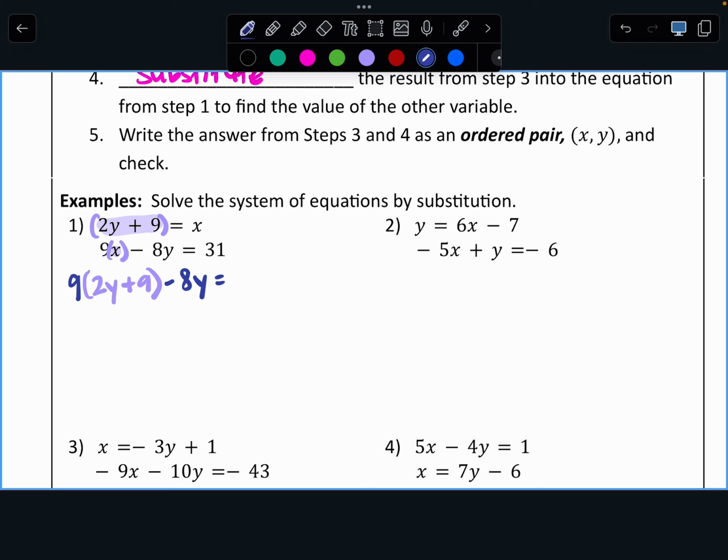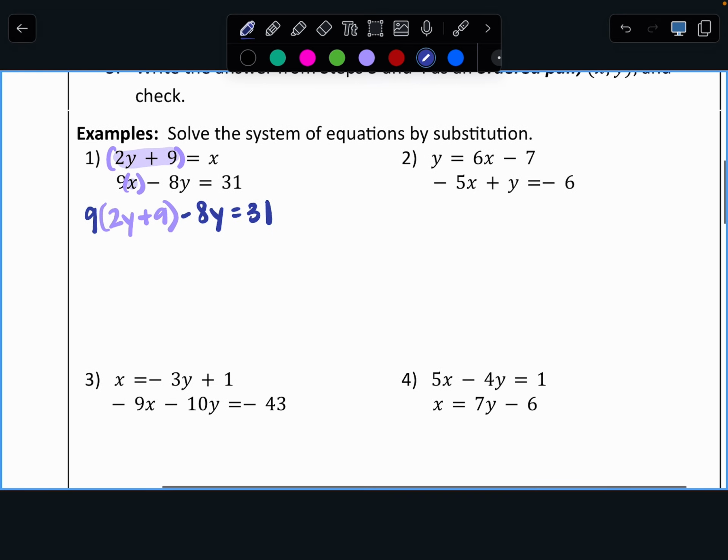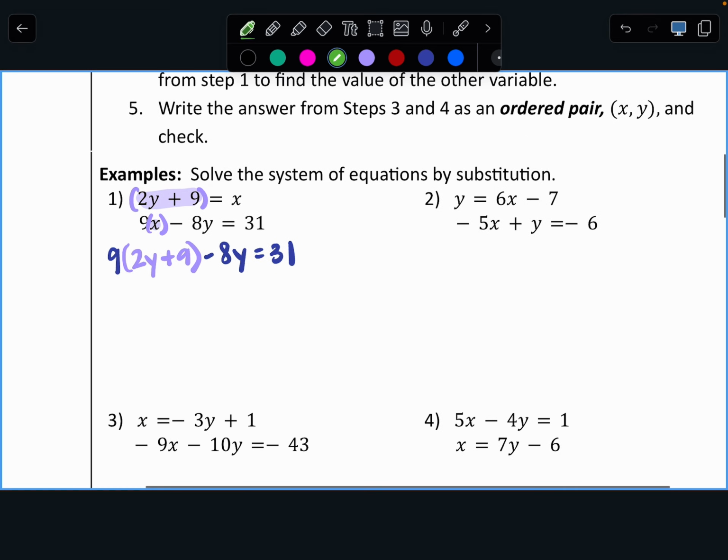Minus 8y equals 31. Now we only have y in this equation and we can solve it for y. First step is distribute. 9 times 2y is 18y. 9 times 9 is 81. Minus 8y equals 31. Combine like terms.